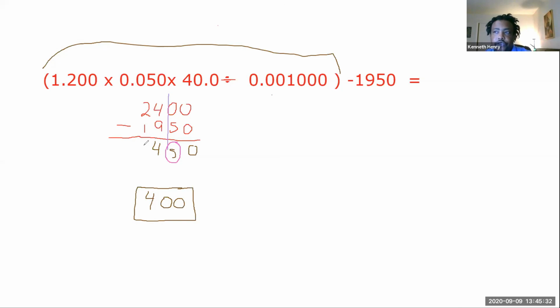At the end, this is the number that we have. So we have that line, and we have to decide: are we going to round up, or leave it alone? The line tells me, and this is a 5 exactly with nothing following it, so I'm going to leave it alone. So it's just going to be 400. Do you see it now? Yeah, I got it. Okay. Any other questions?